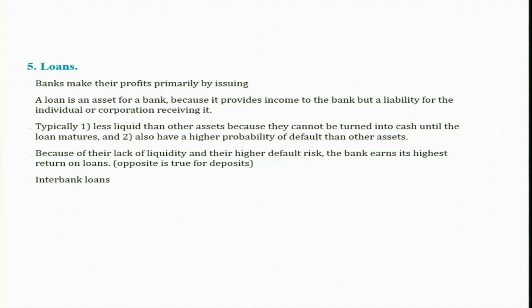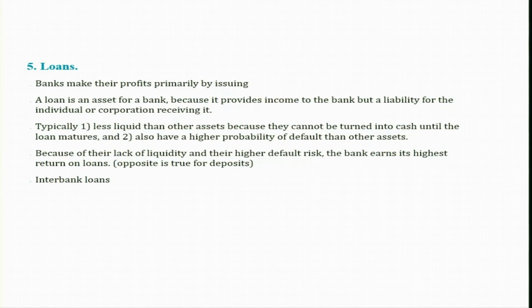Typically a bank loan is less liquid than other assets because it cannot be turned into cash until the loan matures, and it also has a higher probability of default than other assets. Because of their lack of liquidity and their higher default risk, the bank earns its highest return on loans.